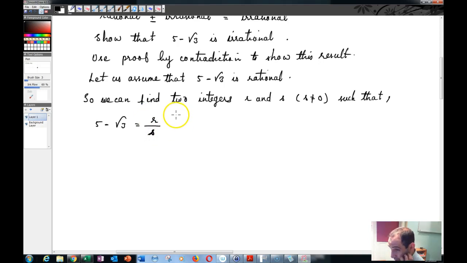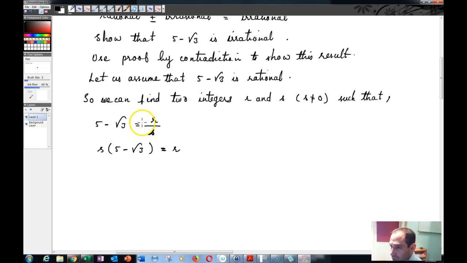Okay, now what this means is that if you cross multiply here, you'll get s times 5 minus square root of 3 is equal to r, right?